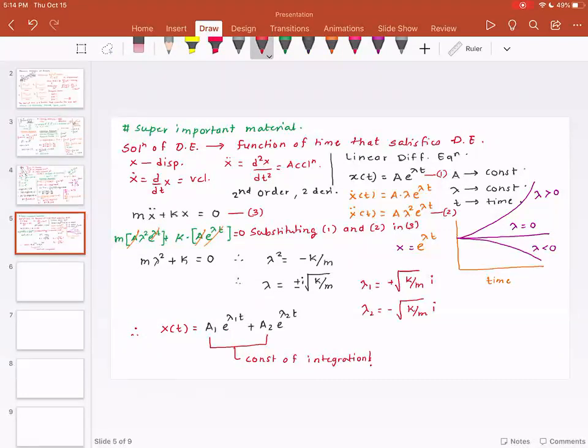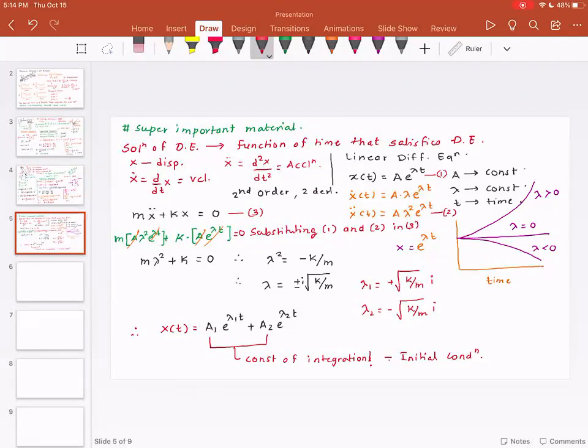The constants of integration are dependent on initial conditions. So what you will do is substitute at time t equal to 0 the value of initial position and the value of initial velocity, and that should get you the values of the constants.